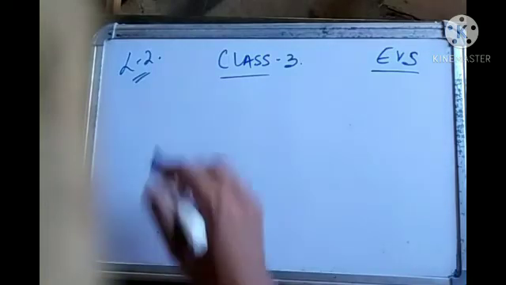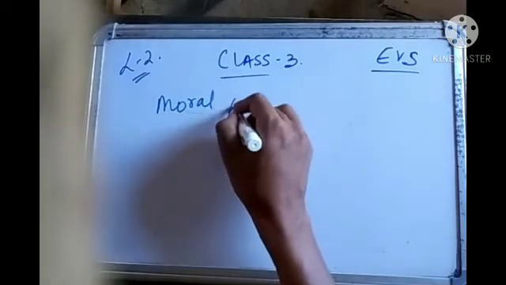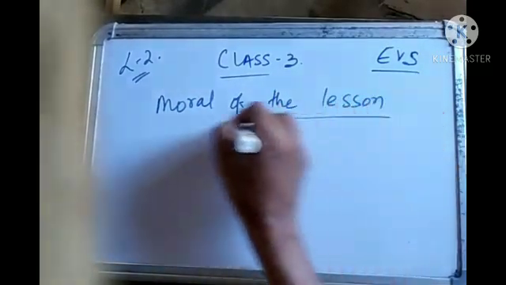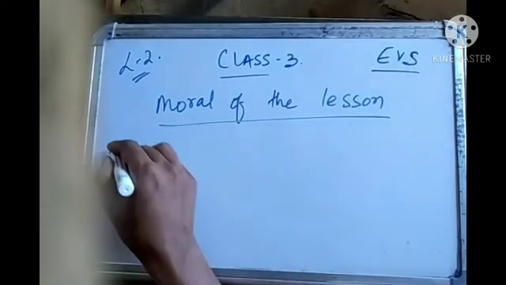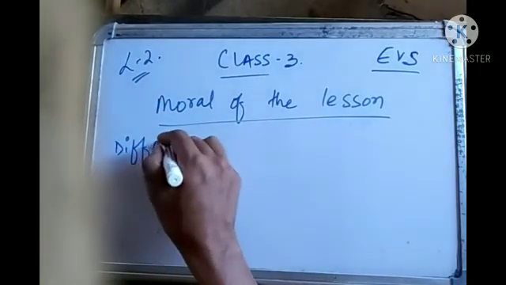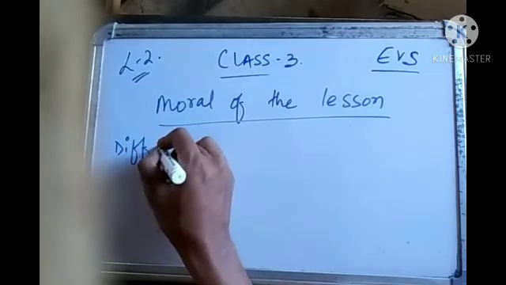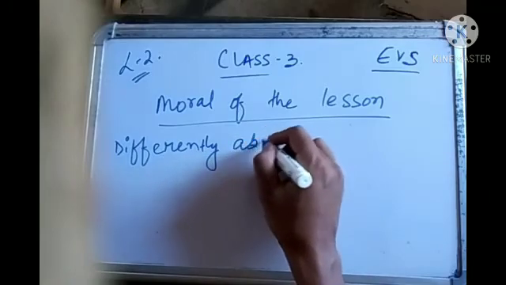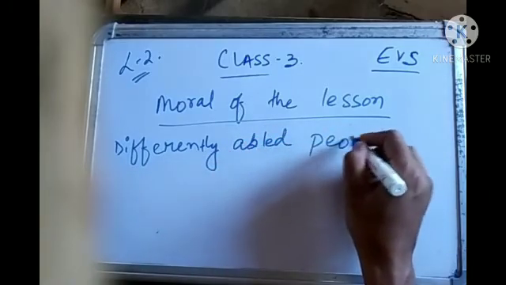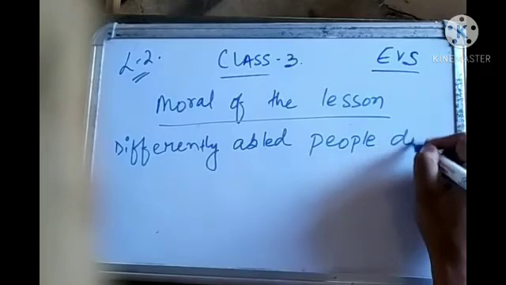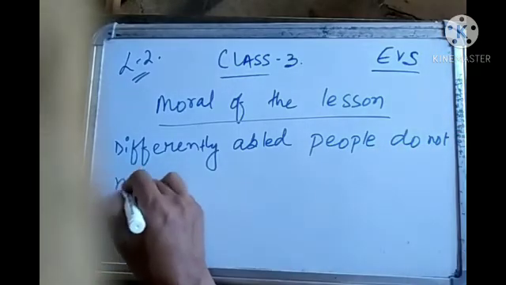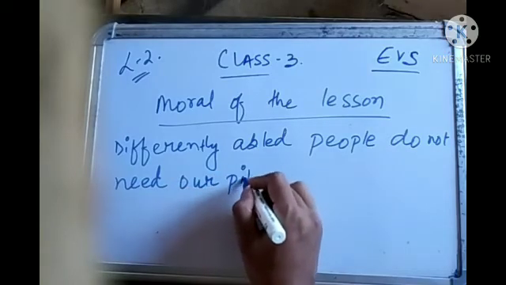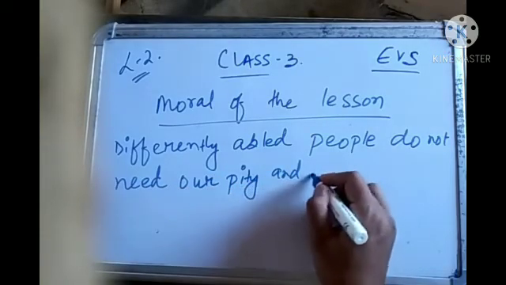So, moral of the lesson. This is the most important thing. Moral of the lesson: differently abled people do not need our pity and sympathy.